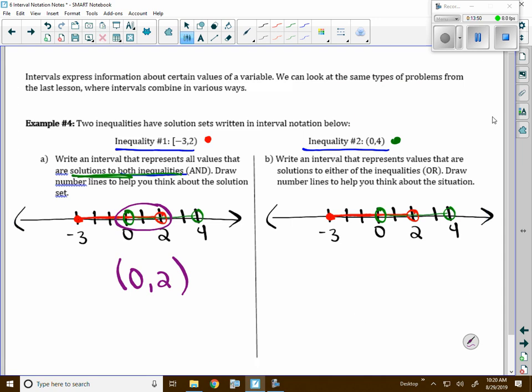Okay, so we needed the same number line. So the number line is not going to change because we're still dealing with the same inequalities.